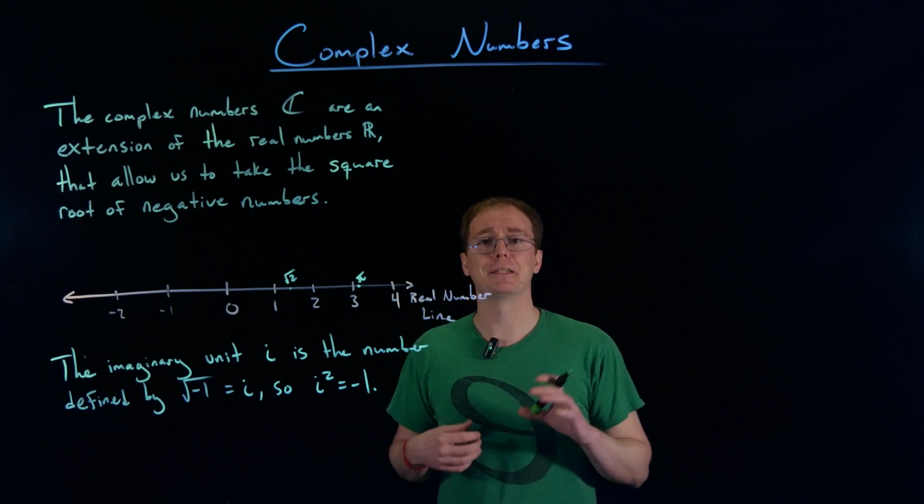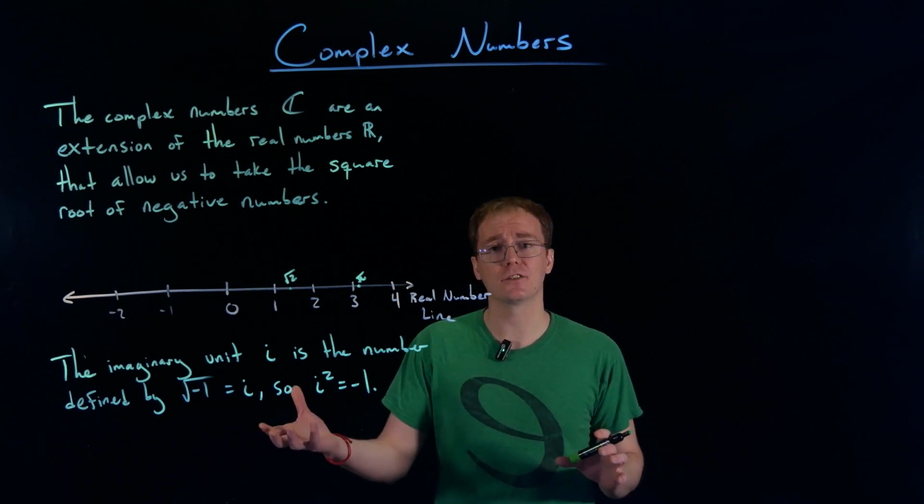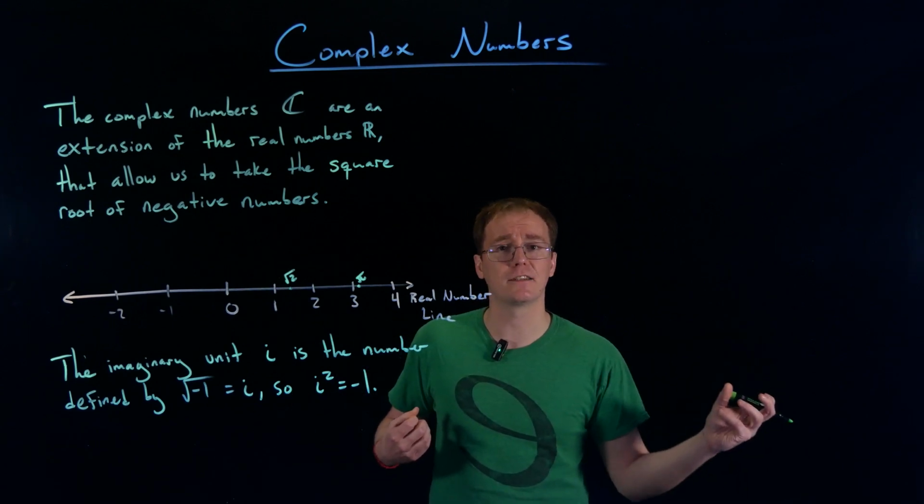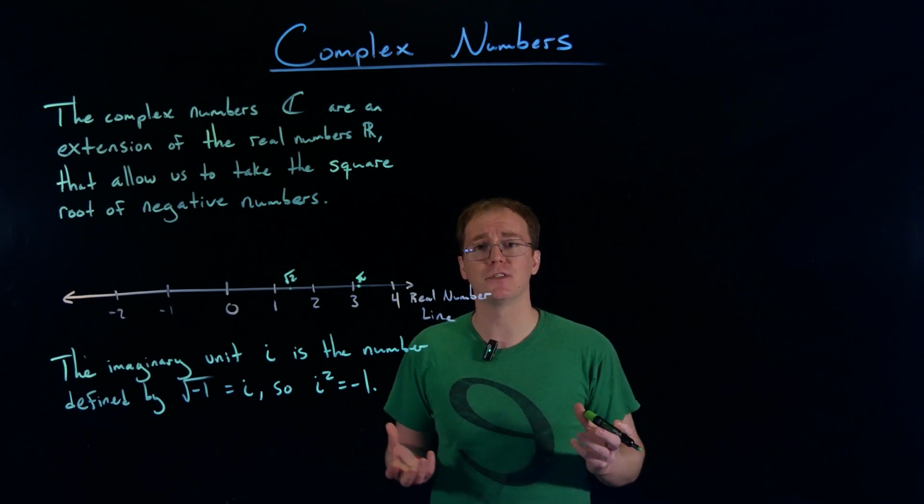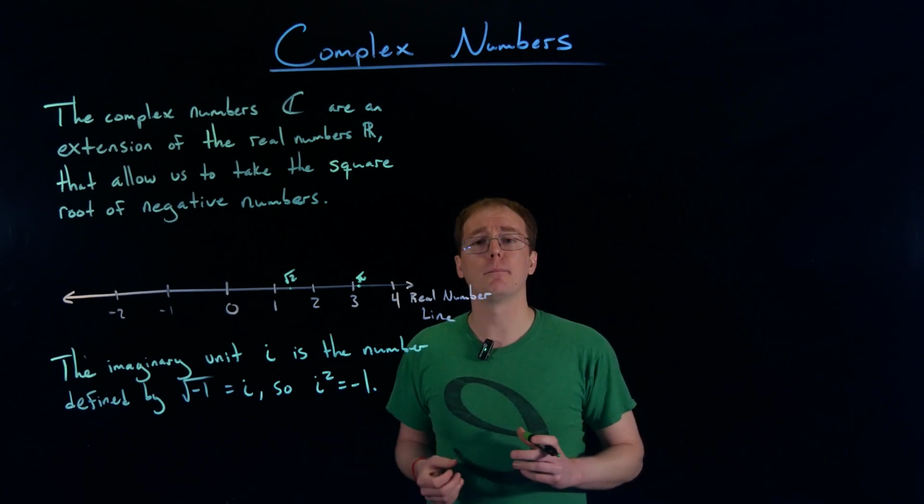So oftentimes we're going to be combining quantities that we can take the square root of with quantities that we cannot take the square root of. And so when we put those pieces together, that's how we create these complex numbers.